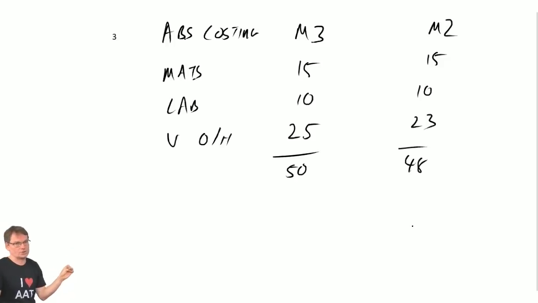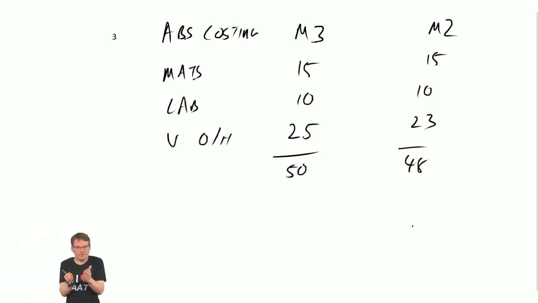That's what it actually costs. Absorption, you're going to add something on. So absorption's always going to be bigger. The figure per unit's always going to be higher. So if you get it round the wrong way, you should know, because the marginal costing value per unit is always going to be lower, because there's less things there.